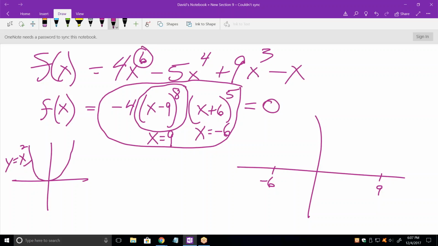What's the multiplicity on the x equals 9? The multiplicity on the x equals 9 is 8. Always the exponent. Okay. What's the multiplicity on the x equals -6?